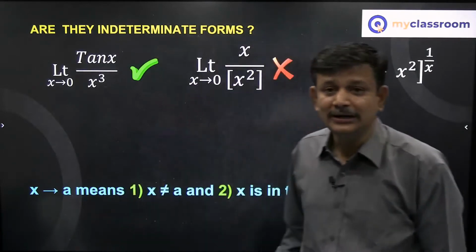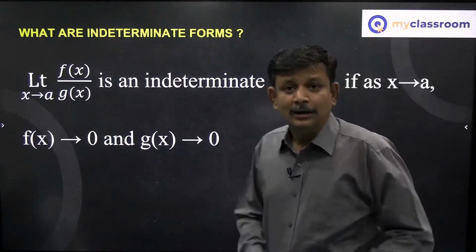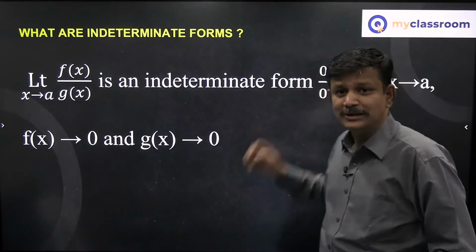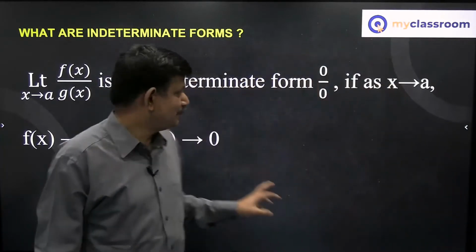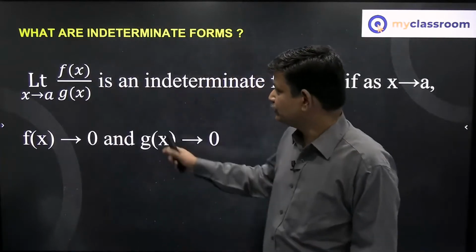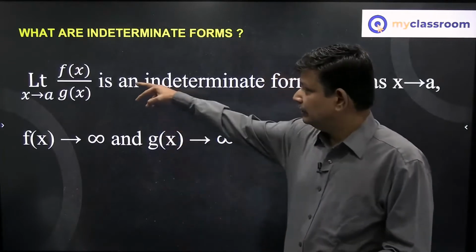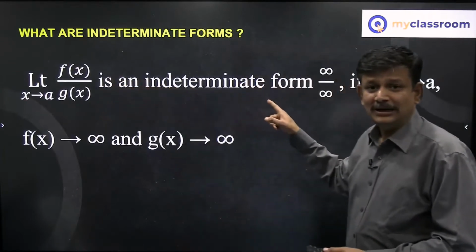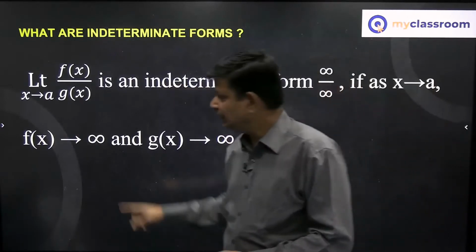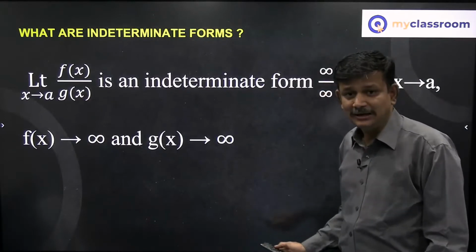So is it clear what are indeterminate forms and what are not? Limit as x tends to a of f of x by g of x is of an indeterminate form 0 by 0 if, as x approaches a, f of x approaches 0 and g of x approaches 0. Similarly, this will be of an indeterminate form infinity by infinity if numerator tends to infinity and denominator tends to infinity as x approaches a.